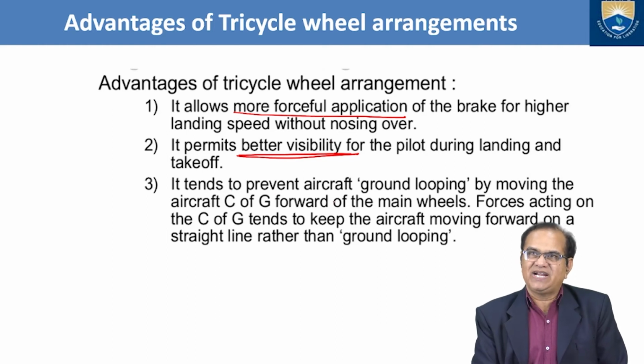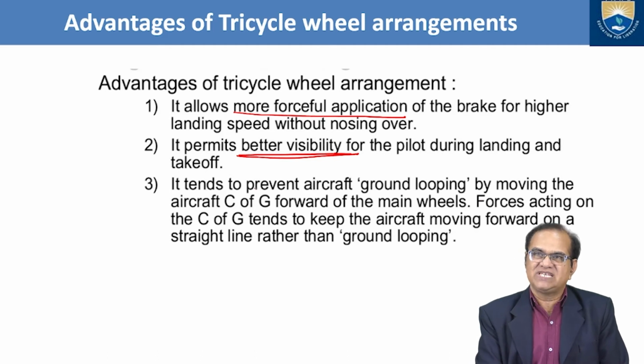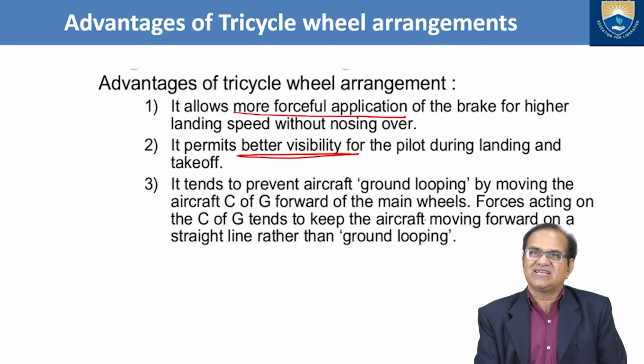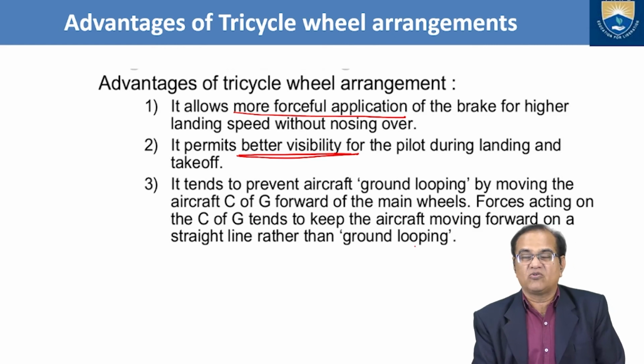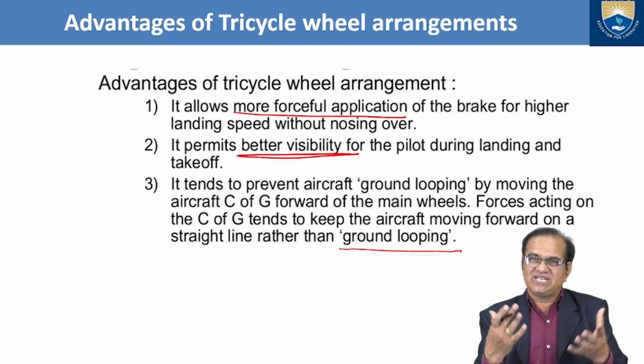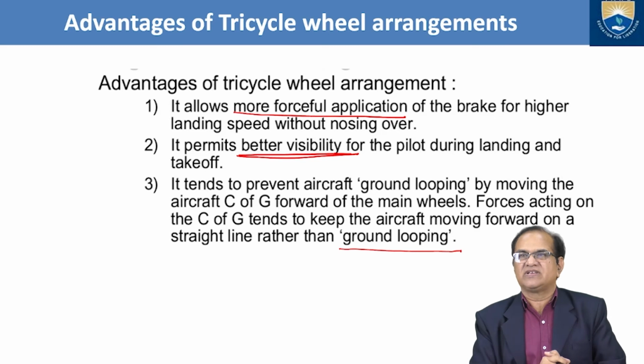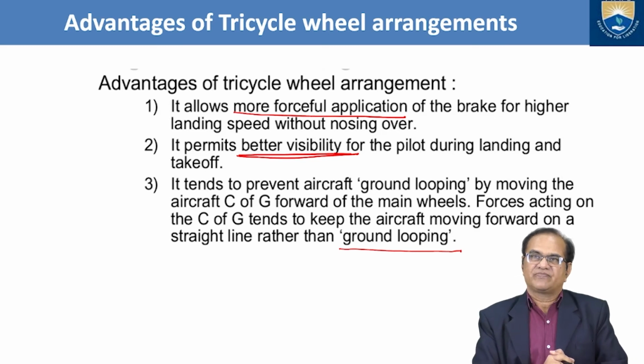It tends to prevent aircraft ground looping by moving the aircraft C of G forward of the main wheels. Forces acting on the C of G tend to keep the aircraft moving forward in a straight line rather than ground looping. In this, we will not have ground looping because the CG is mostly ahead of the main gear. It will give support for moving the aircraft ahead.